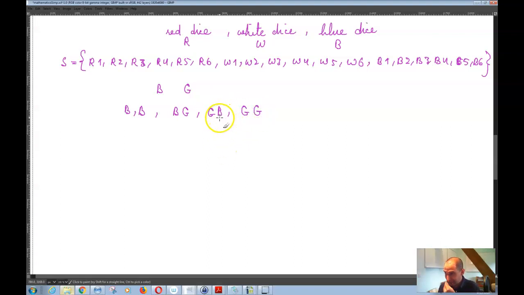That's the sample space if you're interested in knowing whether it's a boy or a girl in the order of their births.